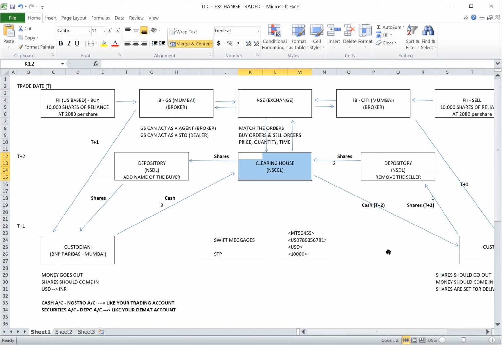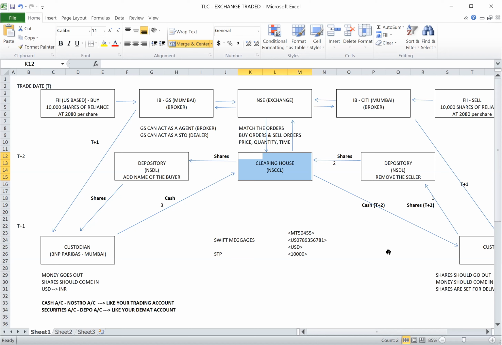Now, if you see carefully, the clearing house has both the shares as well as the cash. See guys, cash does not go to the depository. The depository does not deal in cash. So cash will straight away go to the clearing house, whereas shares will go through the depository. The depository deals in shares, so the legal ownership change of shares would happen at the depository. Whereas the cash will directly move from the custodian to the clearing house.